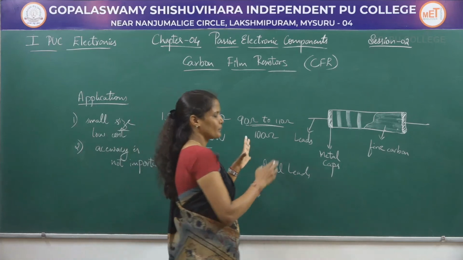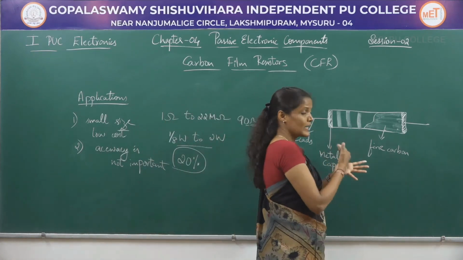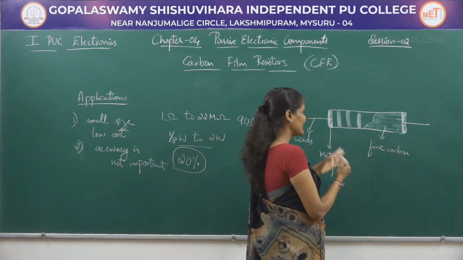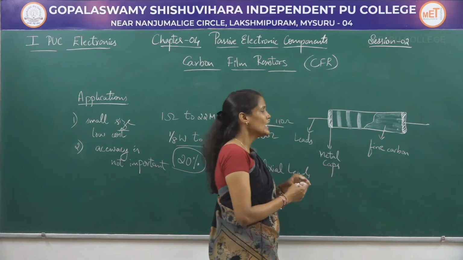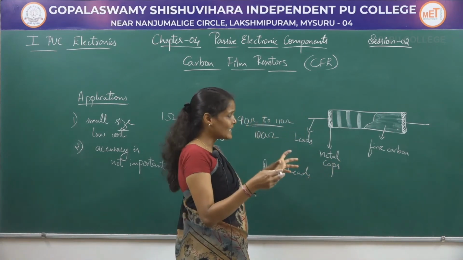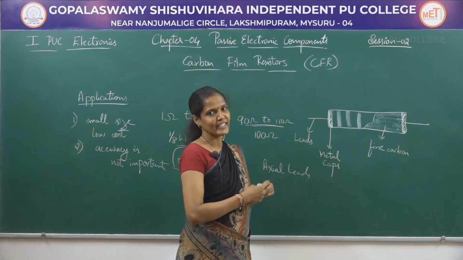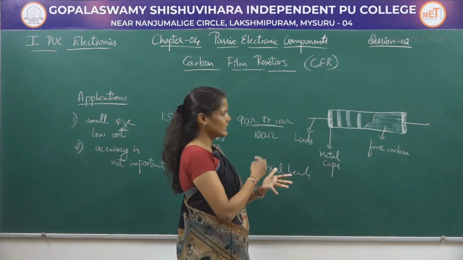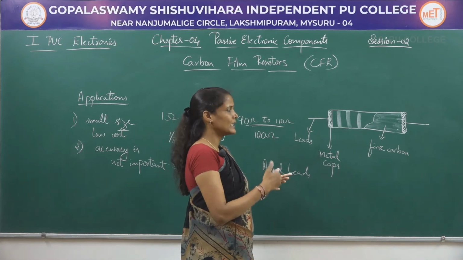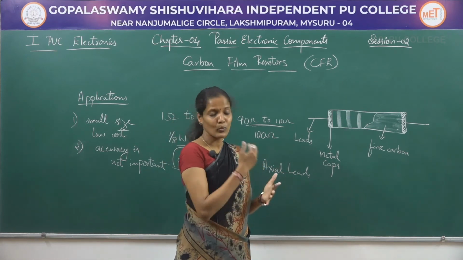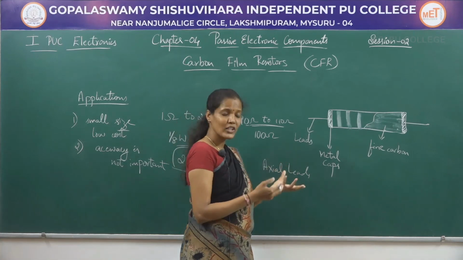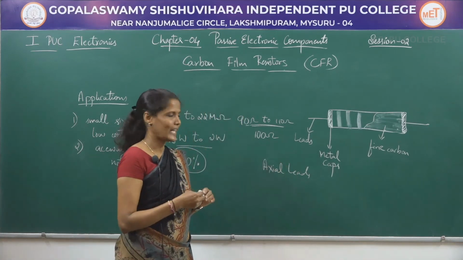After the deposition of these carbon particles, metal caps made up of tinned copper will be placed on either end of the resistor, and the leads will be provided for external connection purpose. And after the metal caps are placed, the non-conducting material will be coated for insulation purpose and to provide mechanical strength.